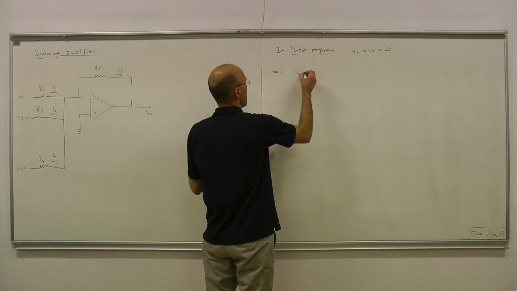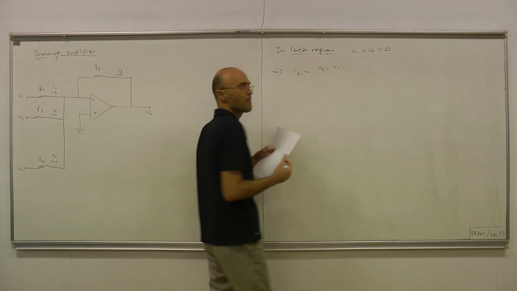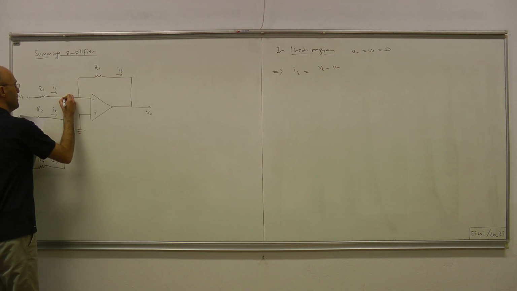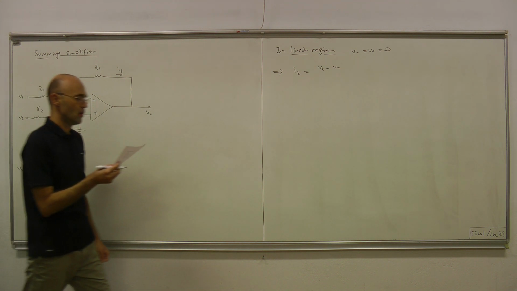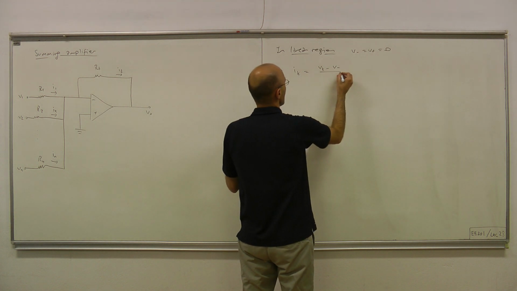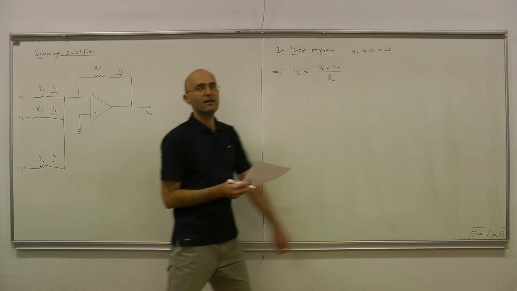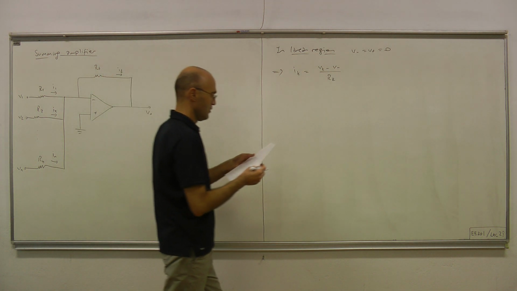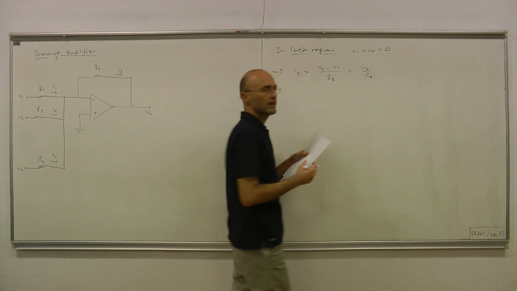The kth current, IK, equals the kth voltage minus this node voltage, and this node is the node corresponding to V minus, over the resistance in between. Now, in the linear region, V minus, we saw, equals 0. Therefore, IK is VK over RK.